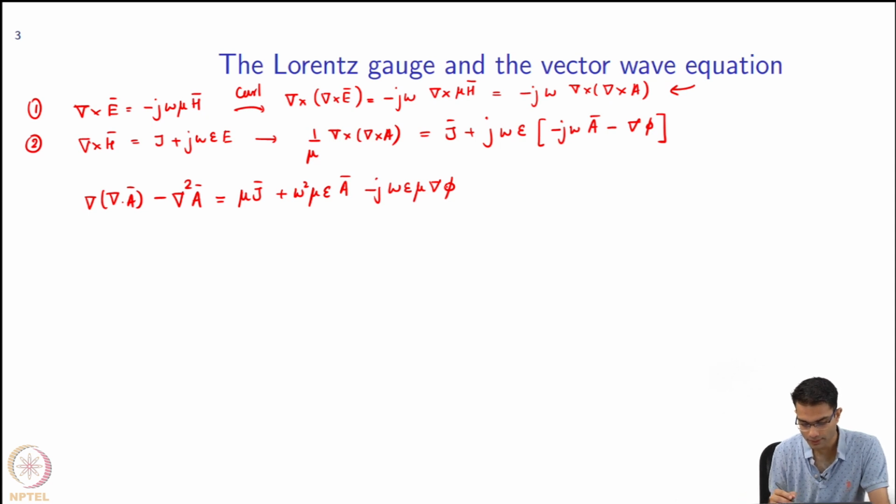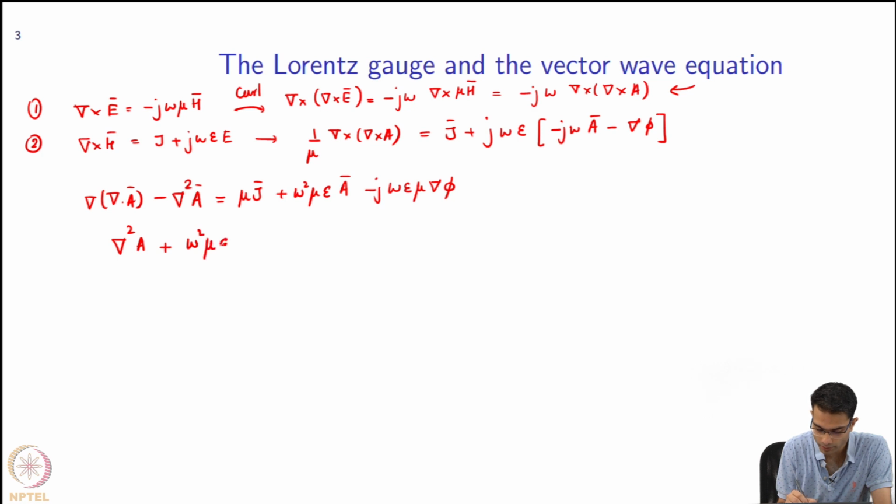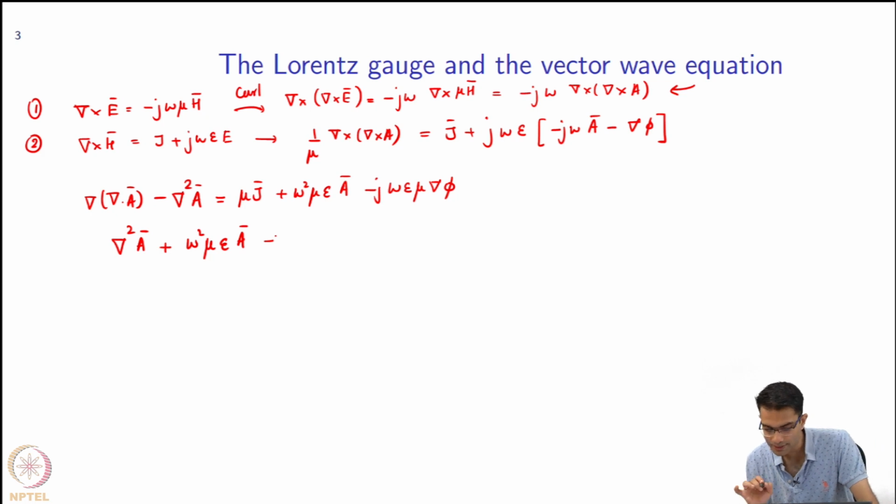So let's combine all our terms together, right? So let's write this as del squared A plus omega squared mu epsilon A. Let's keep that on one side. Okay, and let's gather the remaining divergence terms. So I have minus. Have we got all the minus signs correct over here? Yes.